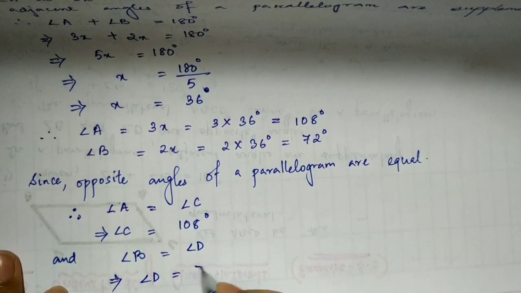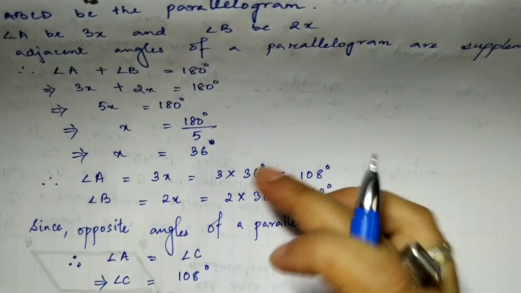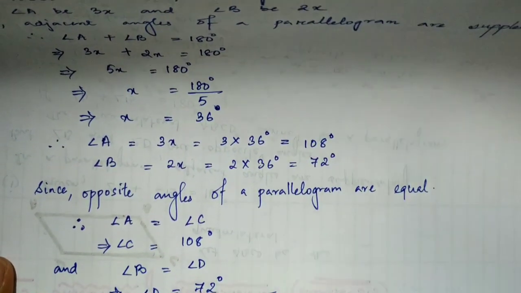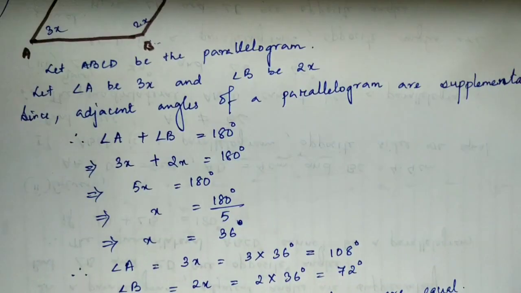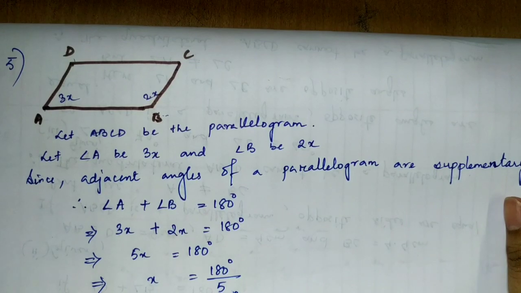It will also be equal to 72 degrees. So now I have the measure of angle A, angle B, angle C and angle D. In this way I can find out the measure of all the angles of a parallelogram.